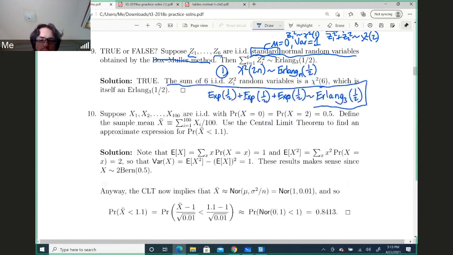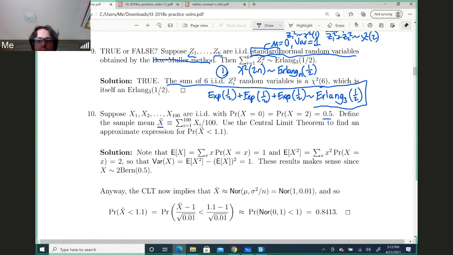Cool. Question 10. In this question, we have 100 random variables, x1 through x100, and we are told that these are discrete random variables where the probability of x equals 0 is 1/2, and the probability of x equals 2 is 1/2. We define the sample mean x bar as, as you would expect, just adding up all 100 random variables and dividing by 100.